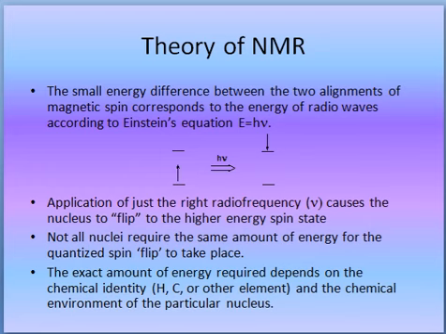There is a small energy difference between the two alignments, upper and down. This alignment of the magnetic spin corresponds to the energy of radio waves according to the Einstein equation, E equals h nu.